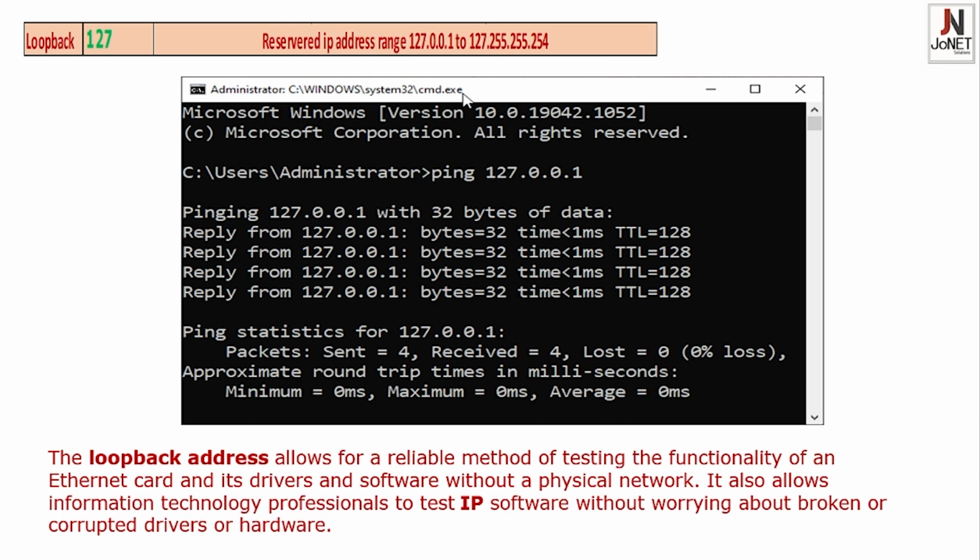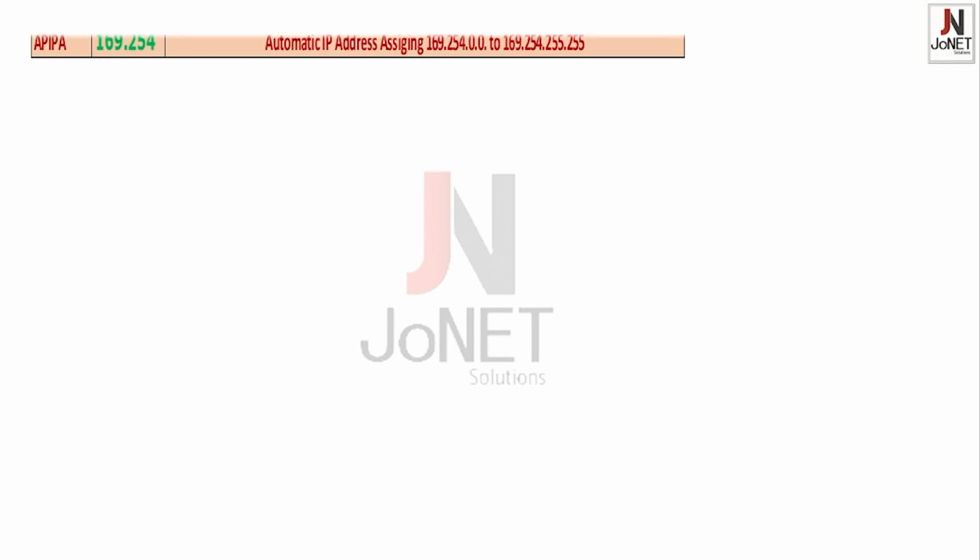So we use the command ping 127.0.0.1. Whenever we get a reply, it is successful and drivers are installed for our Ethernet adapters. If we get request timed out, then we need to install the drivers for our Ethernet, and only then will our TCP/IP stack work.